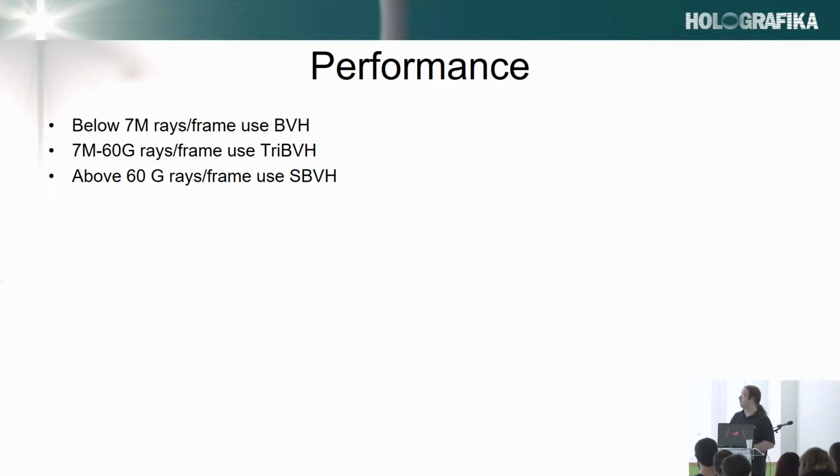When we have between 7 million and 60G rays per frame, you can use TRBVH, and above 60G, it's best to use SBVH, even though the build times are much slower for the SBVH.